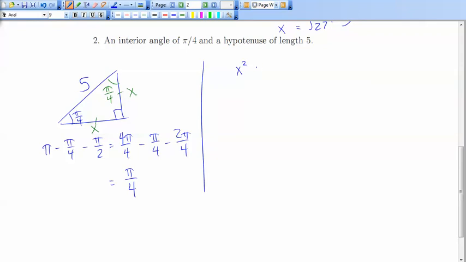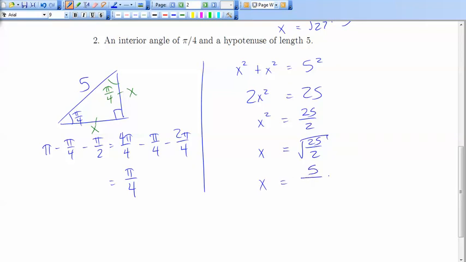So we have x squared plus x squared is equal to 5 squared. So 2x squared is equal to 25. x squared is equal to 25 over 2. And then we can square root both sides, and we get that x is equal to the square root of 25 over 2, which if I simplify that, I get 5 over the root of 2.